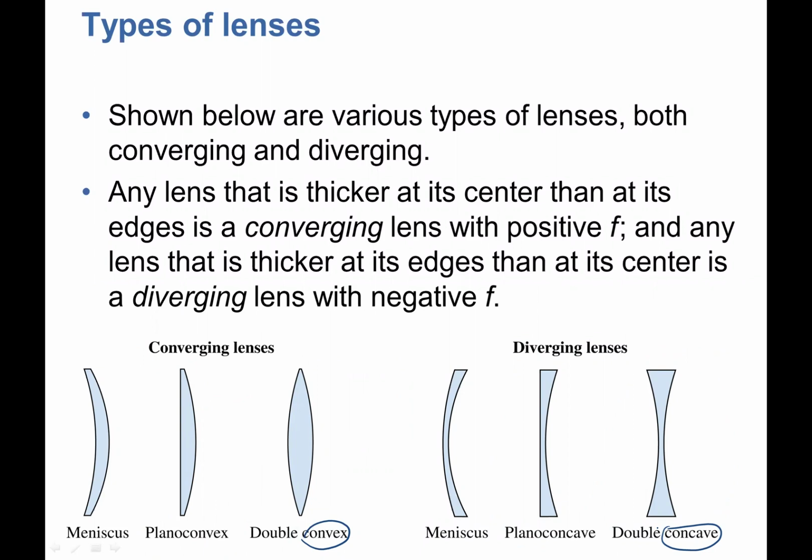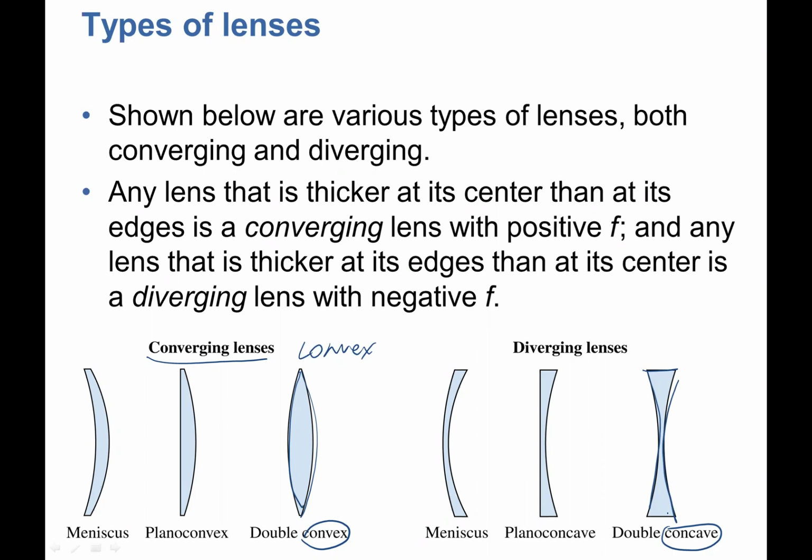To understand the differences, the converging lens, the convex one, is thicker at the center. Concave is the other way around: it's thinner at the center. You can remember the shape from that.